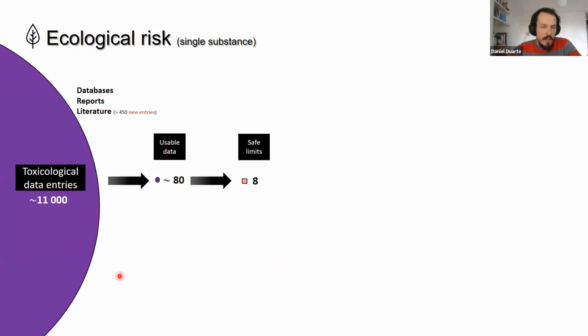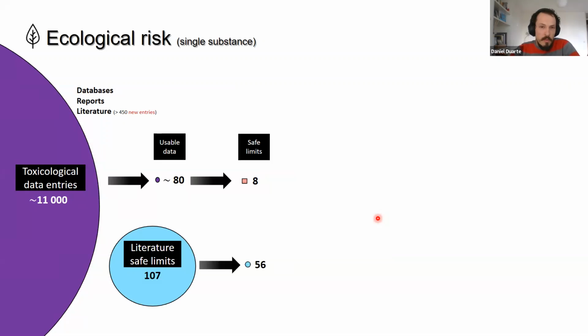For that, we collected about 11,000 toxicological data points from different databases, reports, and from the literature that we collected ourselves. Out of all of that information, only 80 data points were deemed usable for our purposes. Out of those 80, we came up with one safe limit per pharmaceutical. In this case, we looked at 8 of them.